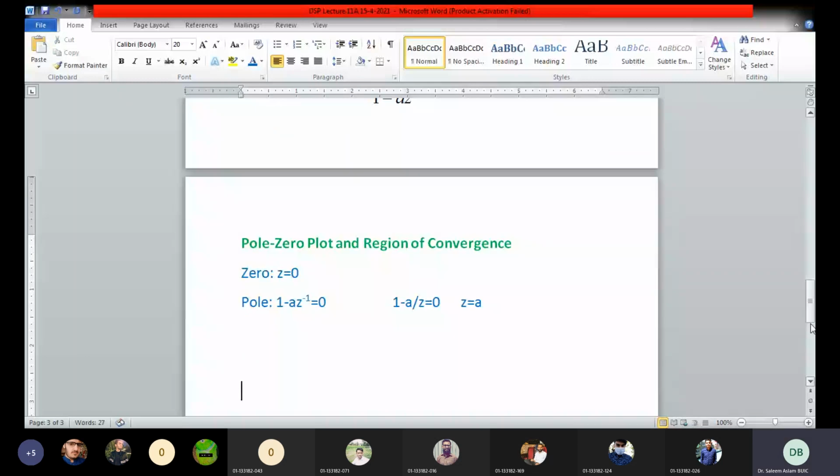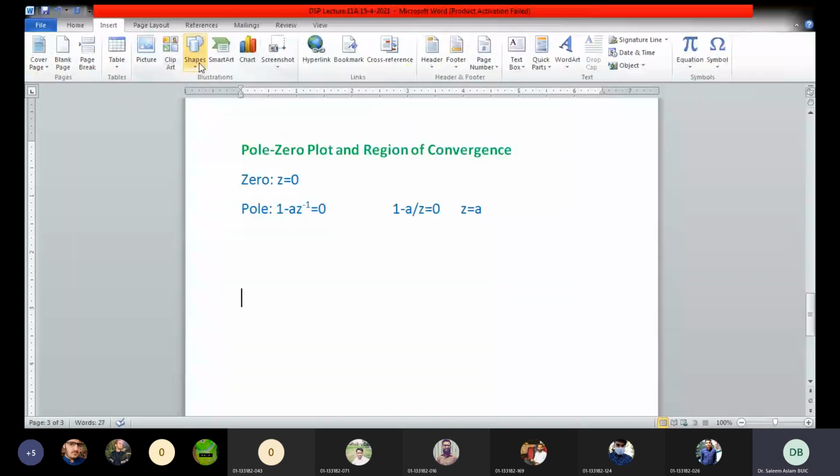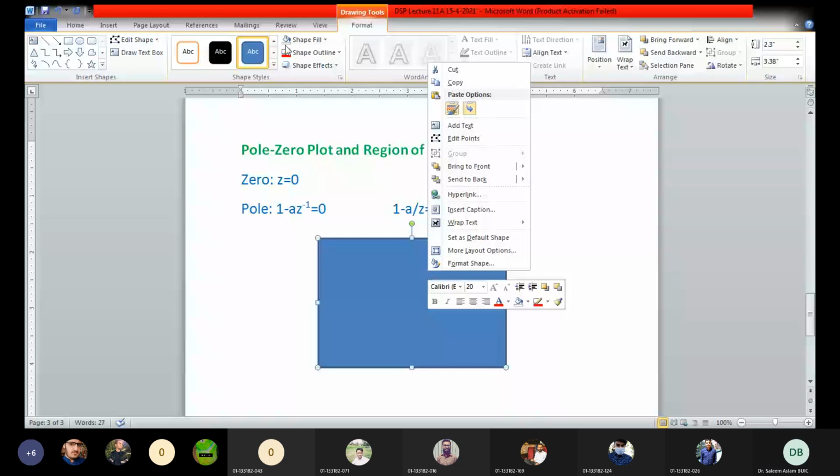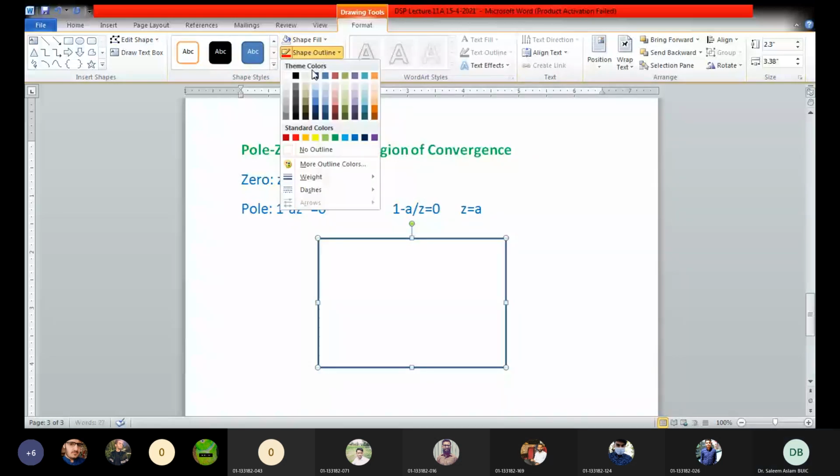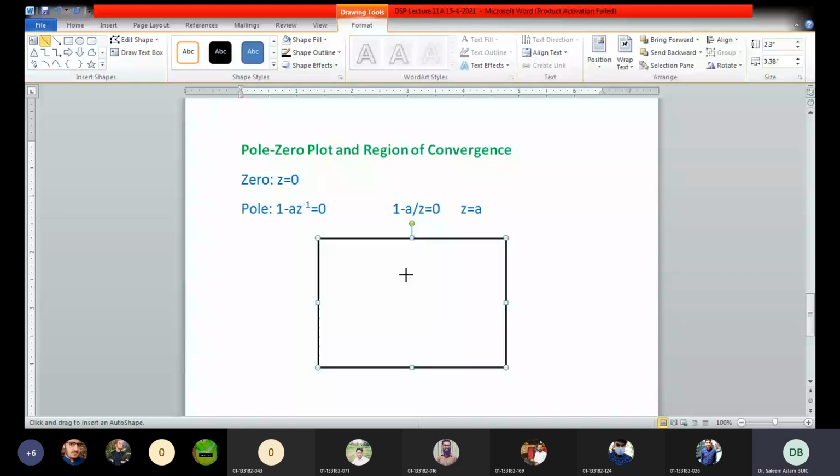In the Z transform, what you do first is take this sphere or rectangle, then you need to draw something inside this, like this. Let me draw this. This is the unit circle, r is equal to 1, right? This is probably the relationship between the Fourier and Z transform.